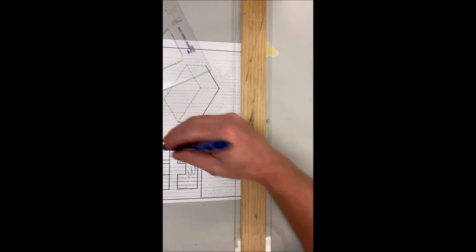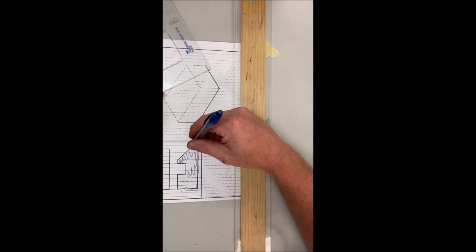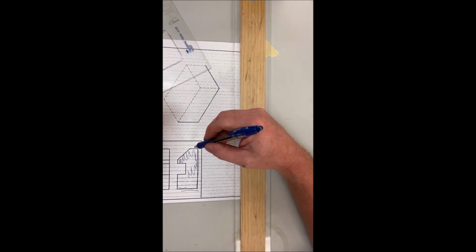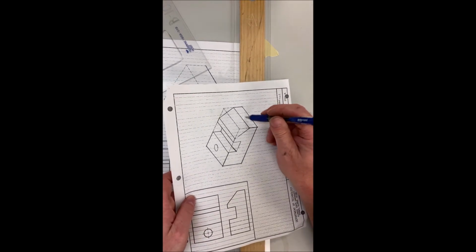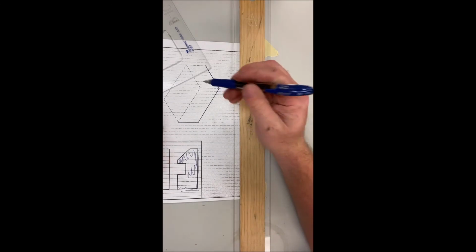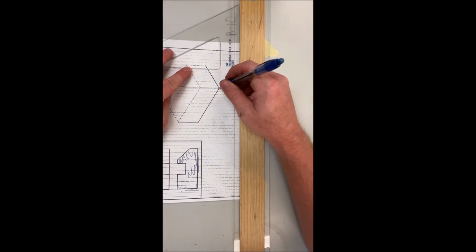Okay, so I got the front drawn. So I do this area right here, I do this, and I do this here. So now I wanna do this front part. Remember, as we saw, it's this little ramp right here. Okay? So, we're gonna go up 2 boxes.